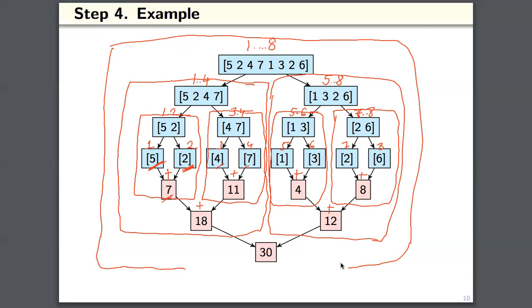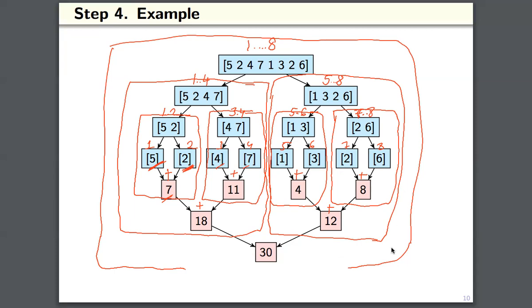The divide step was also constant time because it's just a split. So divide step is constant time, combine step is constant time, no big deal. But the core idea is splitting it, recursively solving the subproblems, and combining the solutions. That's the core idea. This combine step and divide step depend on the problem at hand.